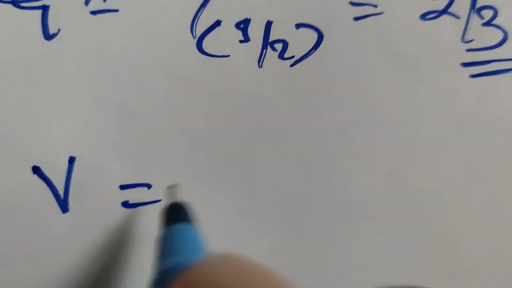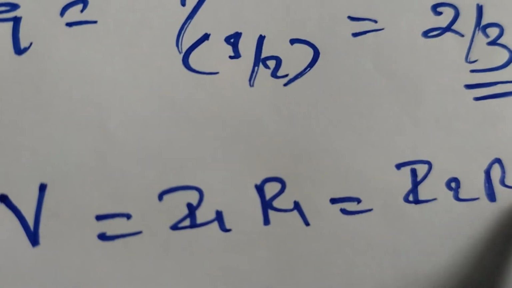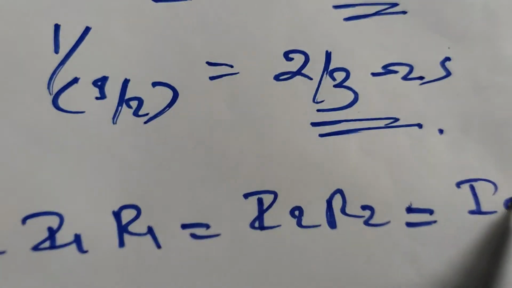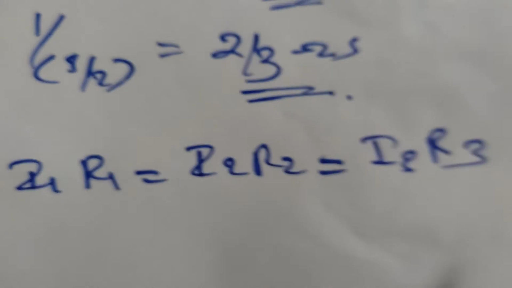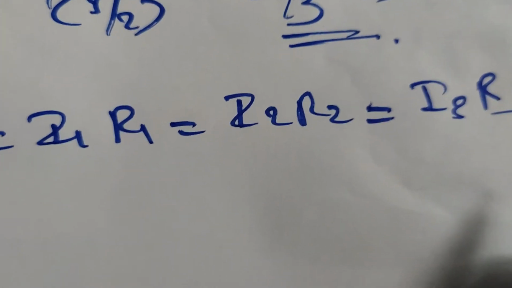So voltage equals I1 R1 equals I2 R2 equals I3 R3. Remember, this is for a parallel circuit.